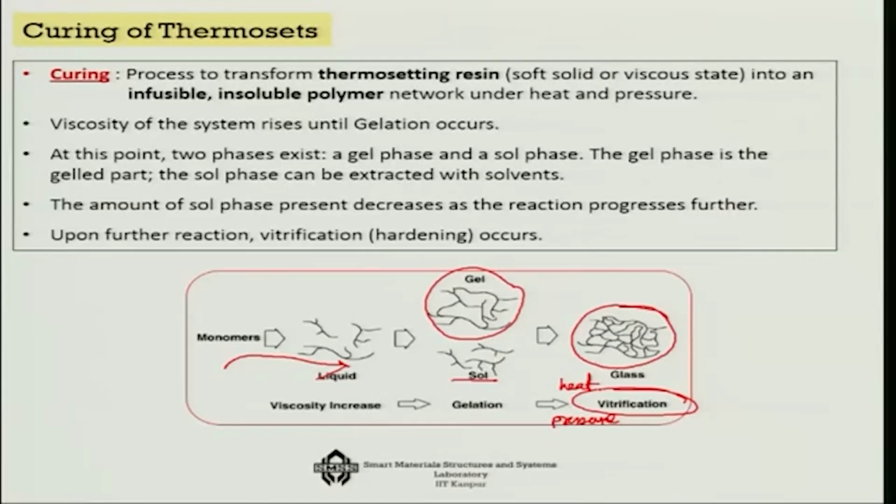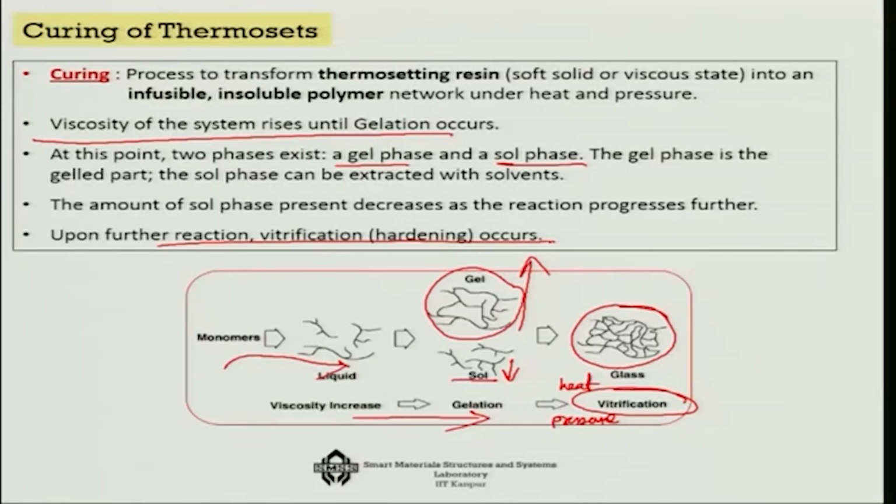Okay. So over time, as this gelation is happening, the viscosity of the system will continuously increase, and in between you will get that intermittent phase of gelation where you will get a gel phase and a sol phase, as I told you, and with respect to time the sol phase will gradually decrease and the gel phase will increase, so that basically you get all interlinked phases, and then the hardening or the vitrification is going to occur in the system.